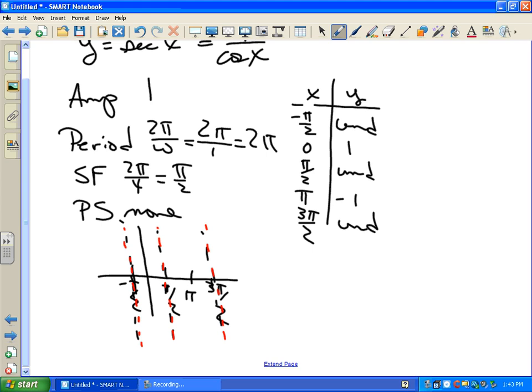But my points, those two nice numbers that we have: 0, 1 is over to 0, up 1. Draw a parabola up. And the other one is pi, negative 1, which will make me open my parabola down, because the higher of the two y values has to be the one that opens up. So the other one has to do the opposite.